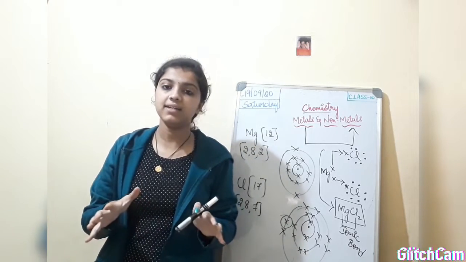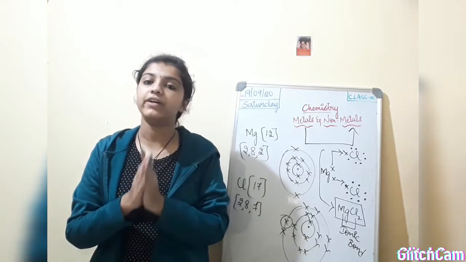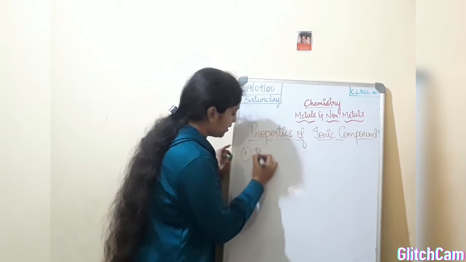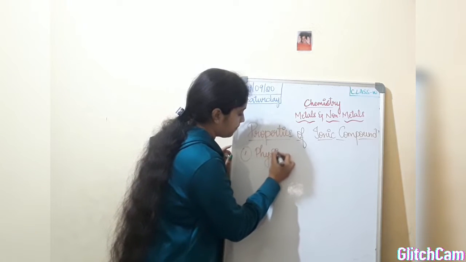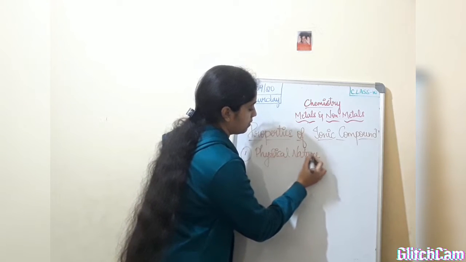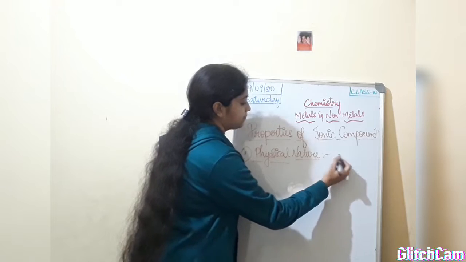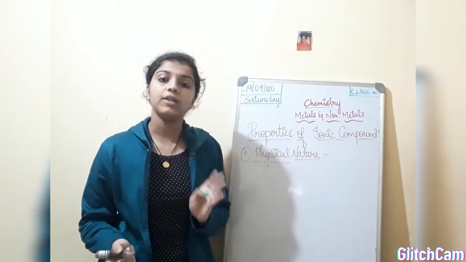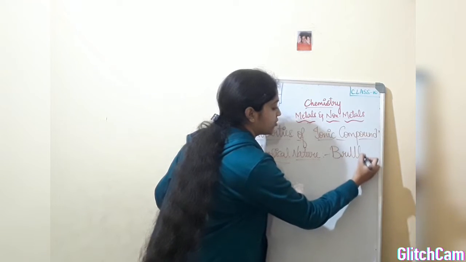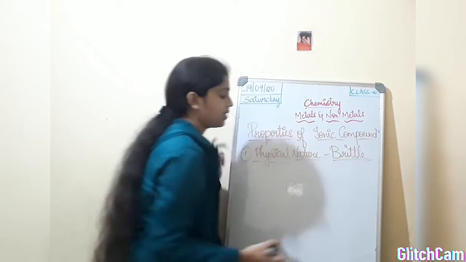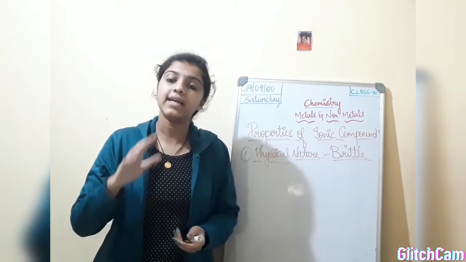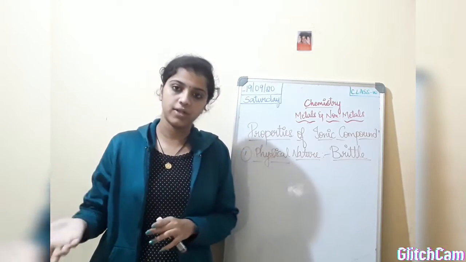So now let us learn the properties of ionic compounds. Firstly, the physical nature of ionic compounds. Generally, ionic compounds are brittle in nature. They are not as hard as metals but are not as soft as non-metals either.